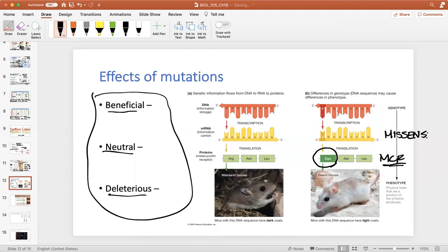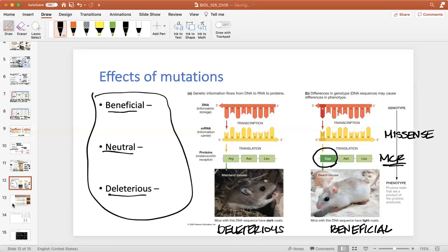And it turns out this is beneficial in this environment because this guy lives at the beach and he blends in. But it would be deleterious if this white mouse or tan mouse lived in the woods, wouldn't it?